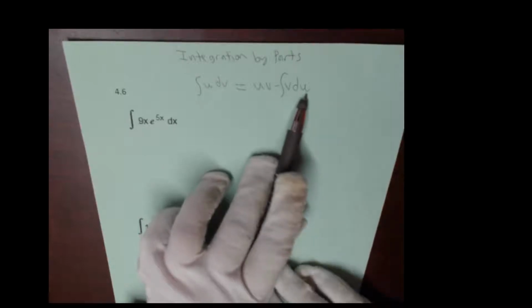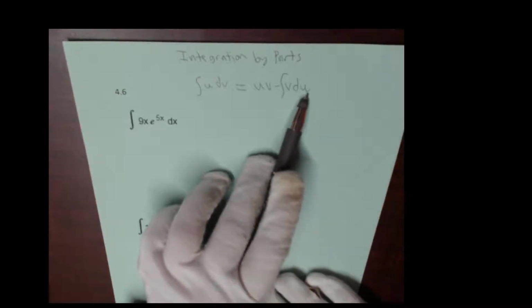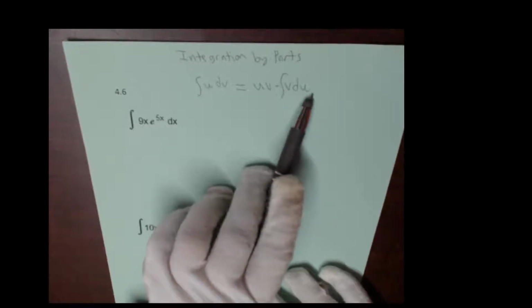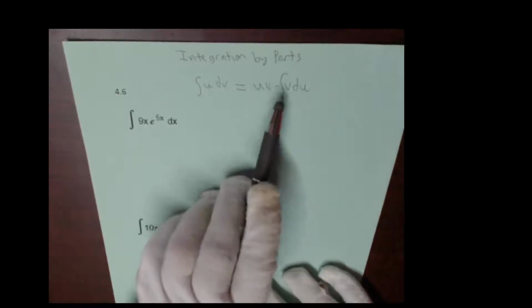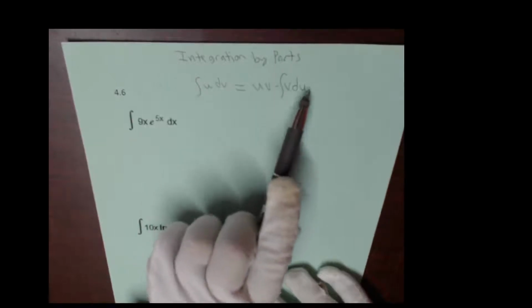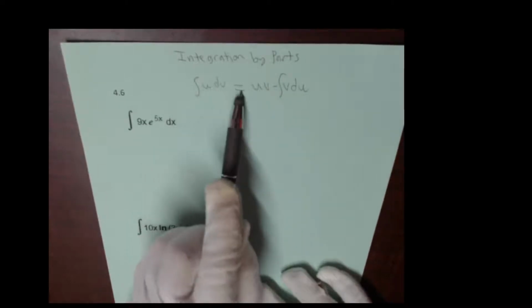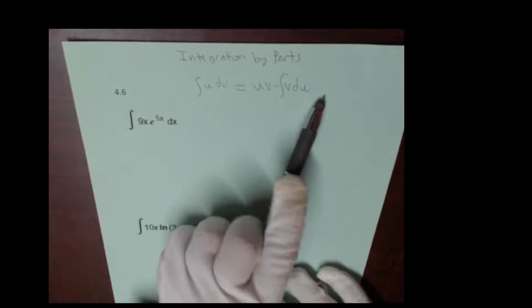And when I learned this, my TA gave us a clever mnemonic device. It's ultraviolet minus video. uv is ultraviolet minus the integral of video, v du. Anyway, that's why I could remember this half of it, but not this half. So the integral of u dv equals uv minus the integral of v du.